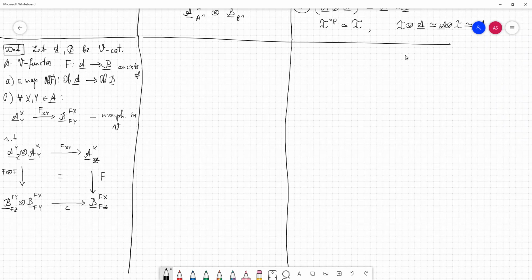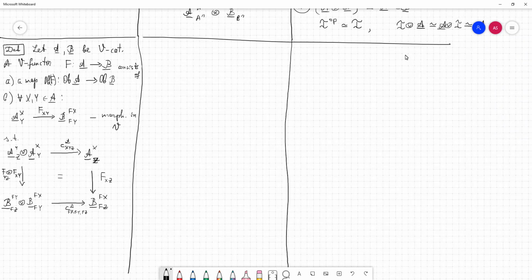If you would like, I would write here F_XY, F_YZ, and F_XZ. It's a composition in category A. Here is a different composition in category B. Here is the functor F_XZ. Here Y Z. Here X Y.